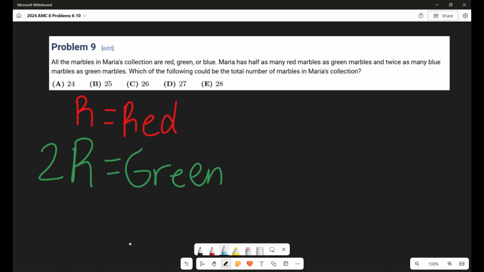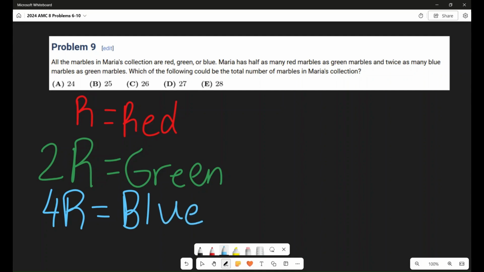Now, we were also given that there are twice as many blue marbles as green marbles. So the number of blue marbles has to be 4R.